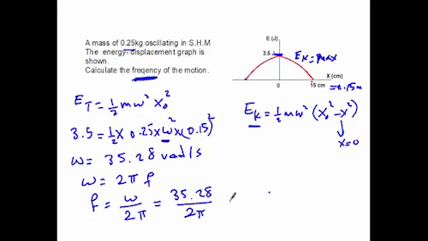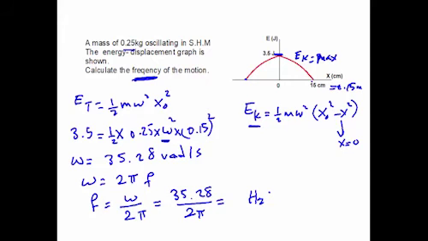This will give you the value for the frequency in hertz. This was the end of kinetic, potential and total energy for simple harmonic motion.